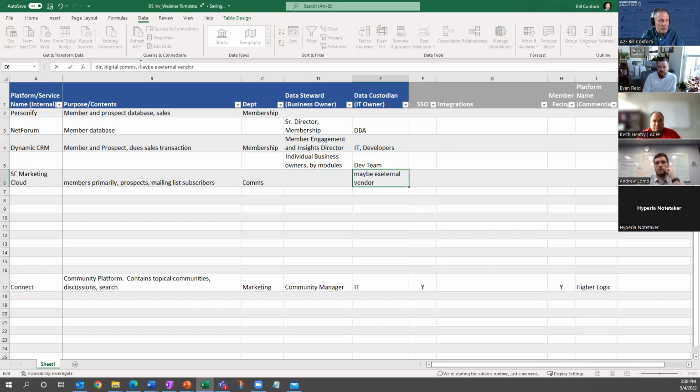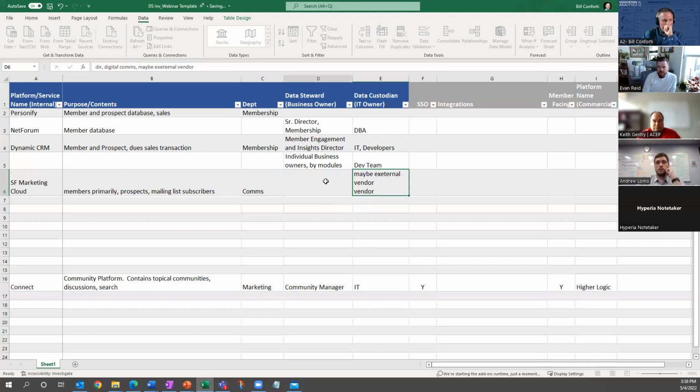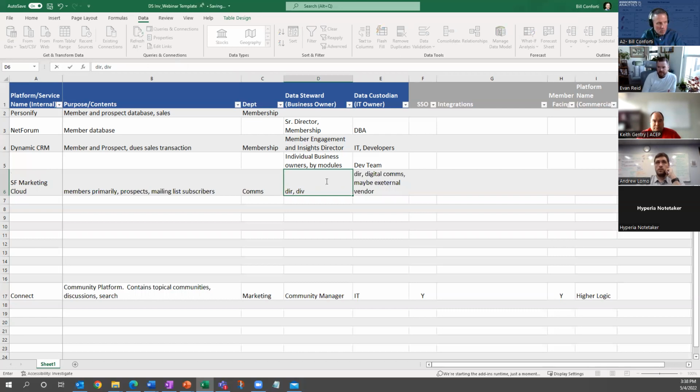Okay, and what about internally, the data steward? Is that the same director of digital communications? It would be, yeah. I probably wouldn't put them as the custodian as much as I would consider them the steward. Got it. Yeah, that sounds right. Okay, good.